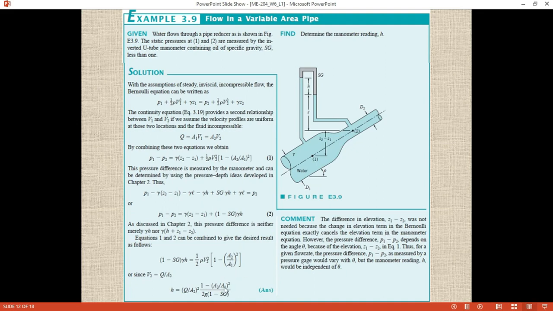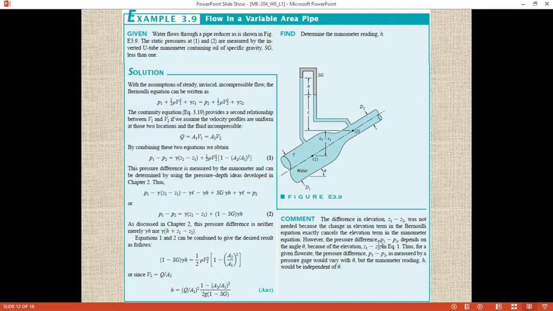In both the equations, if the velocity is known or the area is known, you don't need H. You can easily calculate H. If the flow is known and the area is known, you don't need Z. In both the cases you don't need Z. You can easily calculate the height of the column. Okay, this is the first point, because the Z in the manometer and the Bernoulli equation are cancelling each other, that's why it is out of the equation.